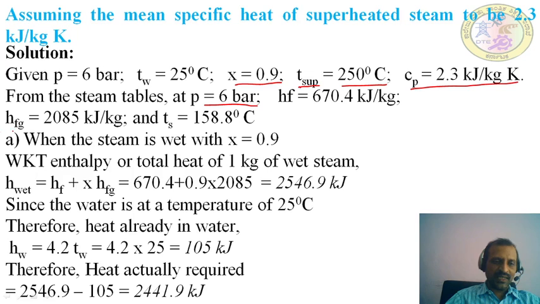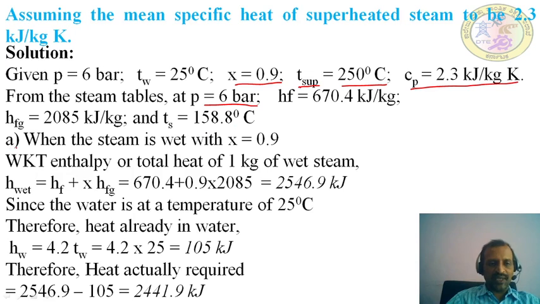HFG, the enthalpy of evaporation, is equal to 2085 kilojoules per kg, and TS, that is saturation temperature, again from the steam table for 6 bar pressure, is given as 158.8 degrees Celsius.